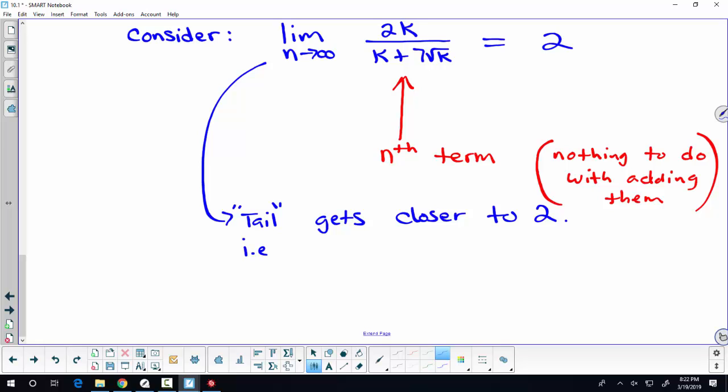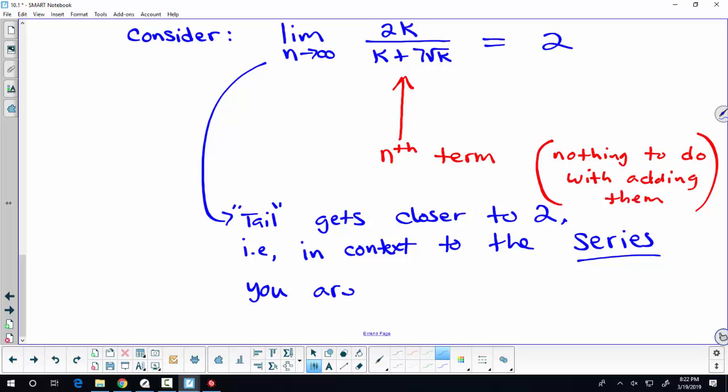That is, in context to the series, you're adding 2 plus 2 plus 2 at the end.